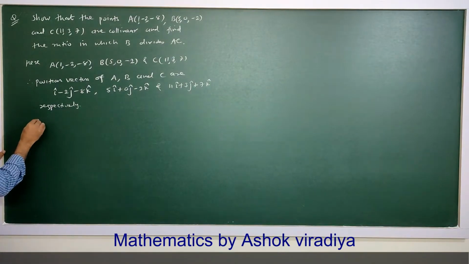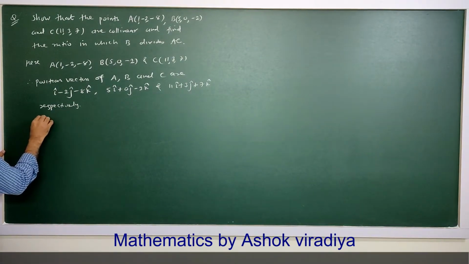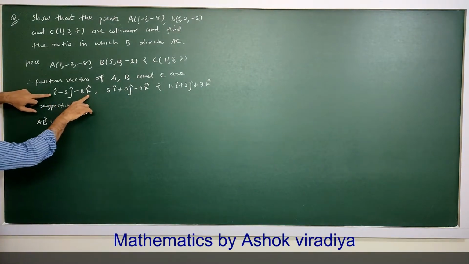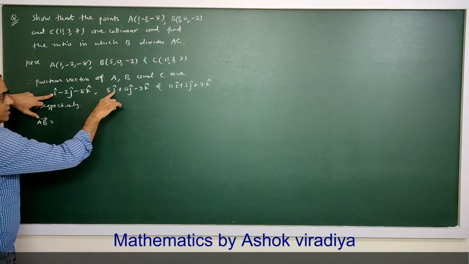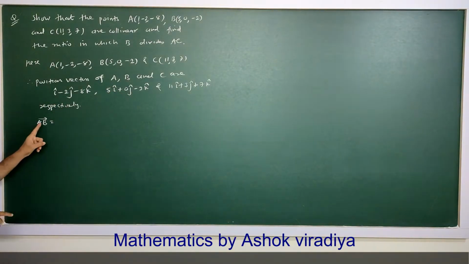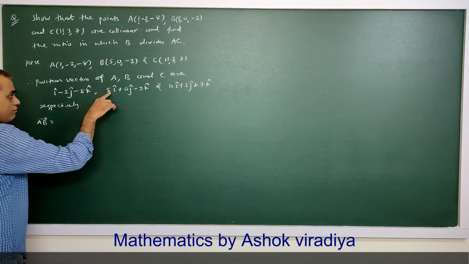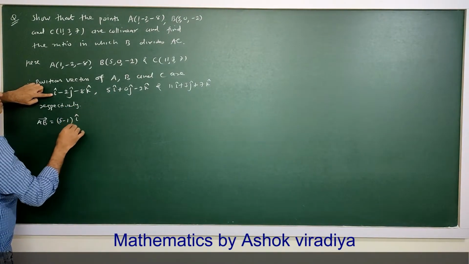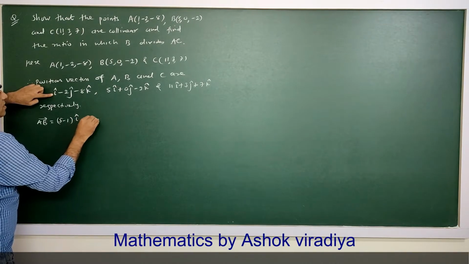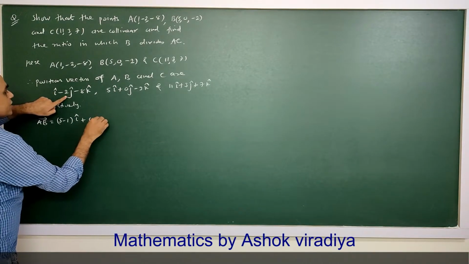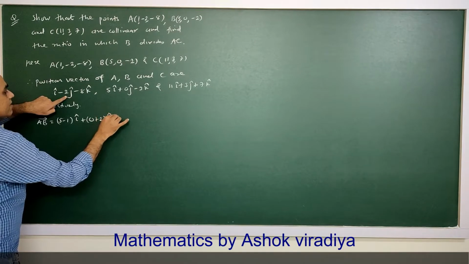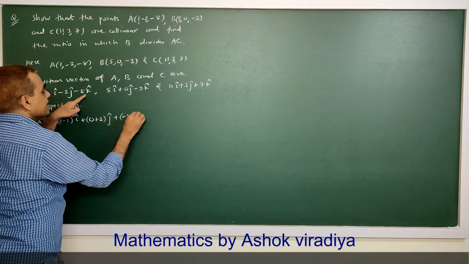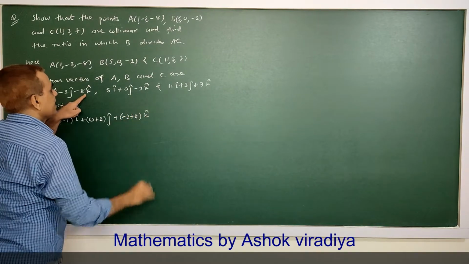Now we find vector AB. This is A, this is B. So vector AB is B minus A. So 5 minus 1 times i plus 0 minus minus 2 times j plus minus 2 minus minus 8, that is plus 8, times k.